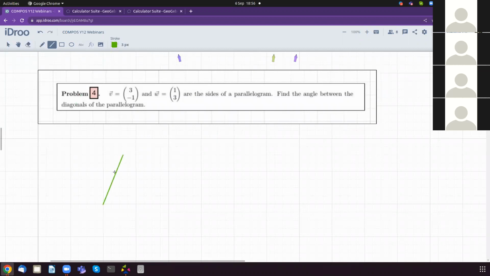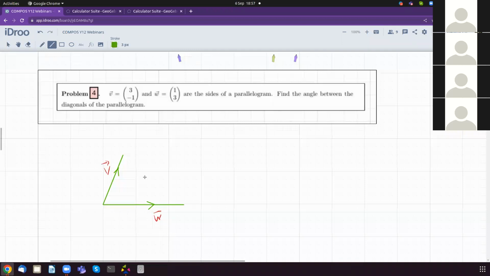And so we have the vector V, we are not sticking to 3, minus 1, it doesn't really matter what we do, and vector W. I'm not trying to be accurate here, I'm not drawing the vectors as they are.